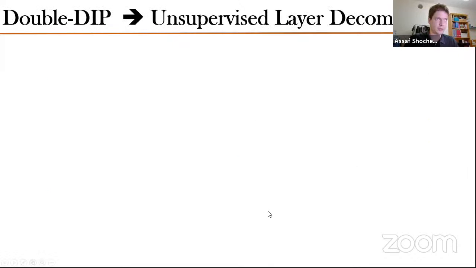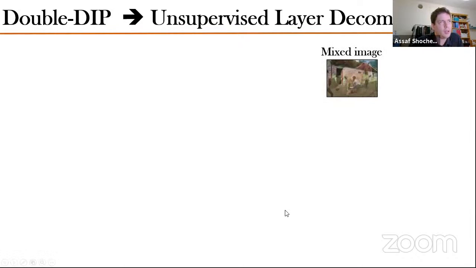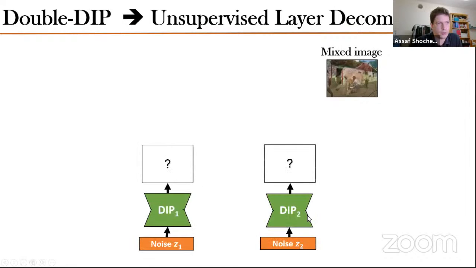So this brings us to our method that is called double deep. Deep stands for deep image prior, and so we do this double deep. Let's say we get some kind of image with mixed layers of any type that we want to decompose.